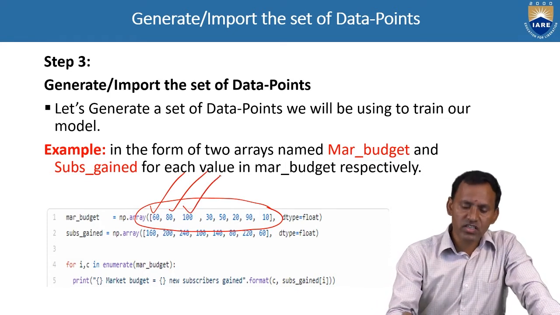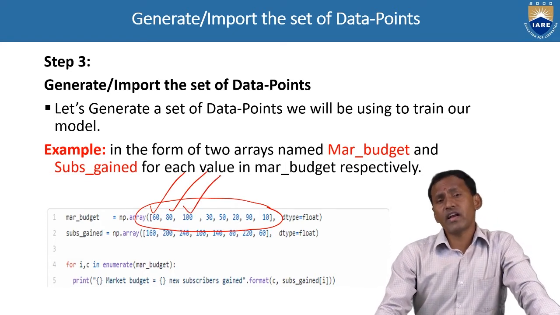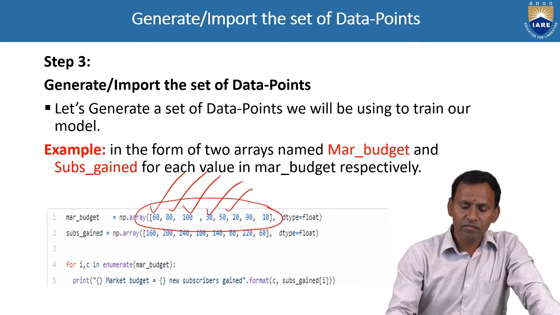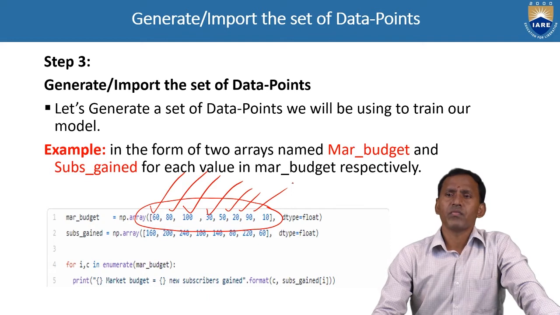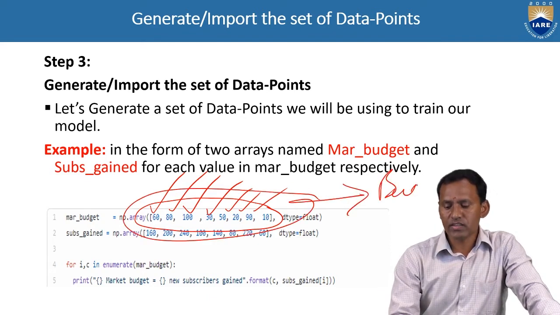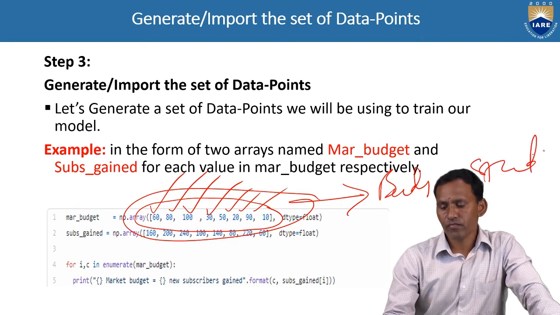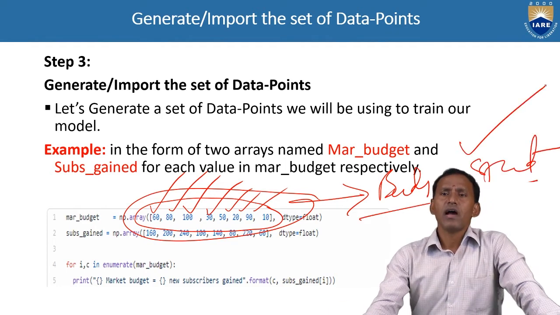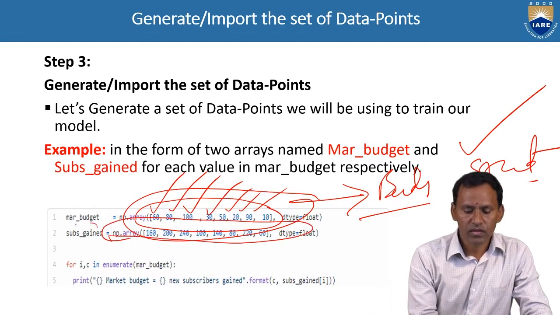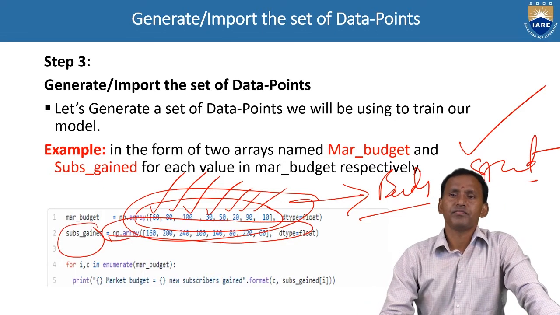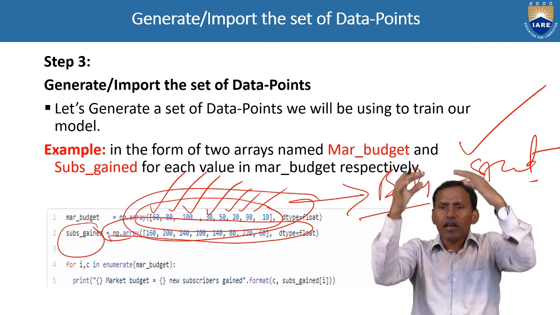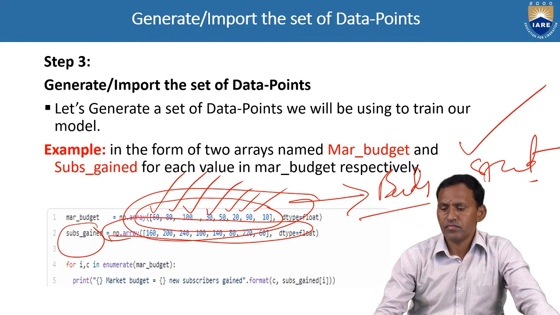In the month of March, I spent $100,000, and then 30, 50, 20, and like that. So this is one array, which belongs to the budget we spent, right? And how many subscribers we gained? This one, sub underscore gained. So this is how we can collect data points, or else we can load them.